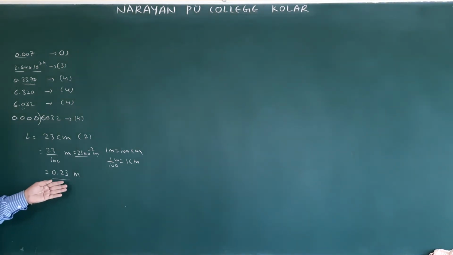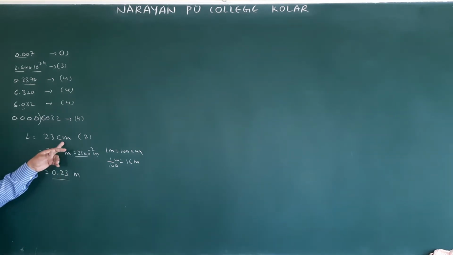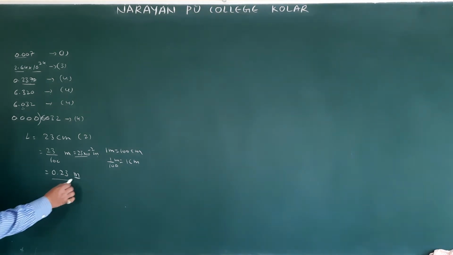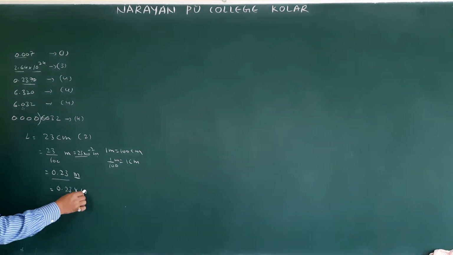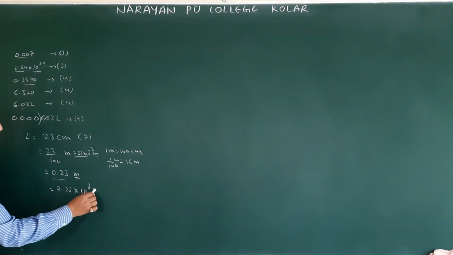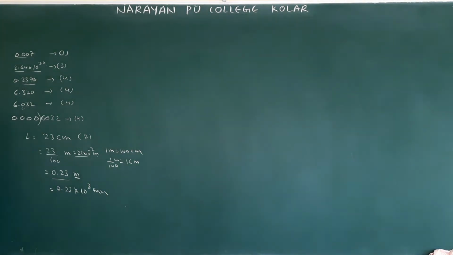If they ask us to convert into millimeters: 1 meter has 100 centimeters, and 1 centimeter has 10 millimeters. Therefore, how many millimeters does 1 meter have? 1000. So 0.23 times 10 cube millimeters.